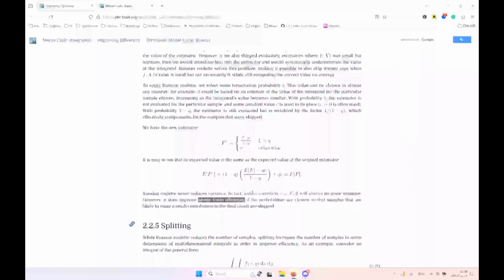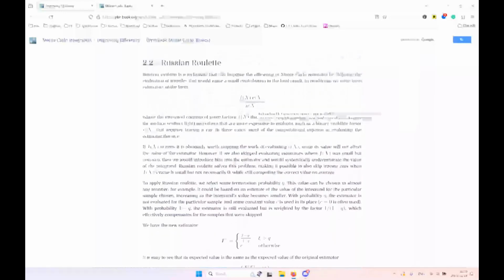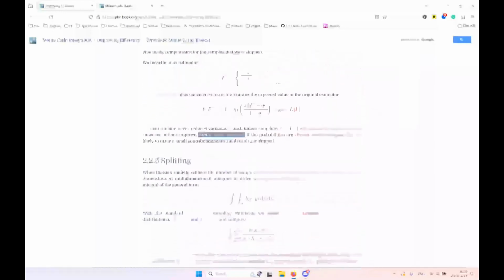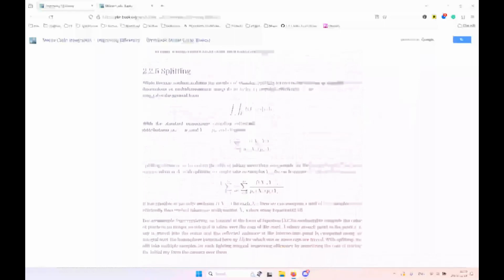Like we just cut off after a certain number of bounces. But Russian roulette is a better technique to let us skip samples that make small contributions. And the final part is splitting, which I also had trouble understanding.